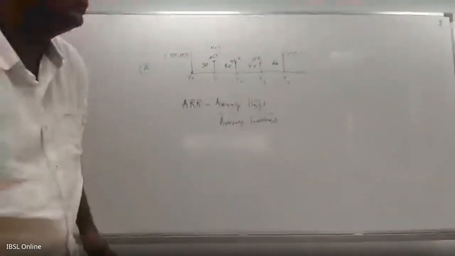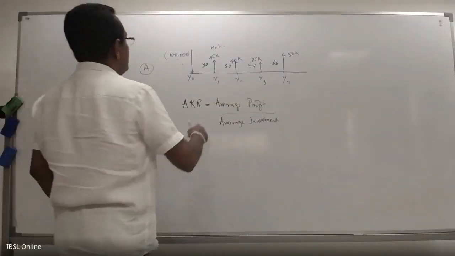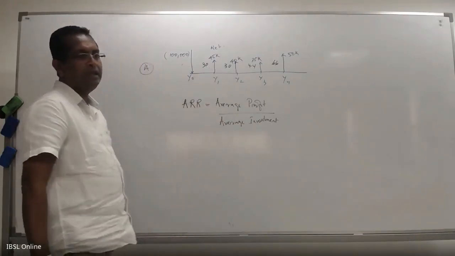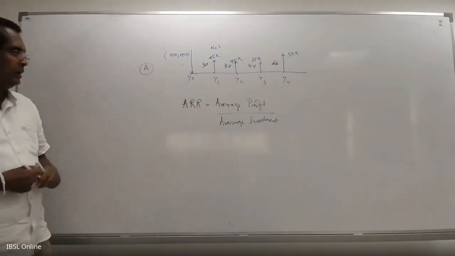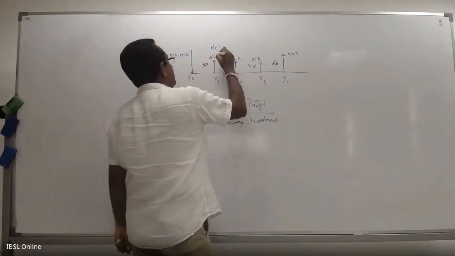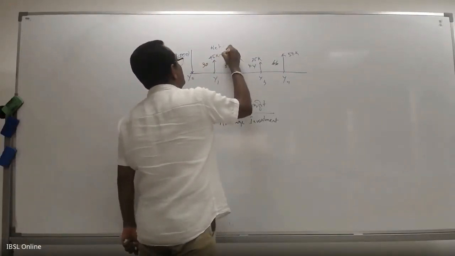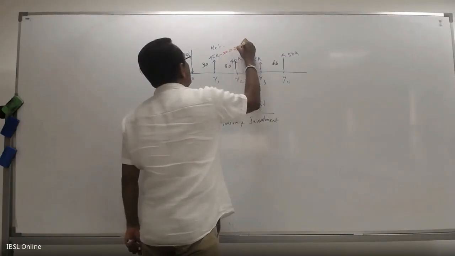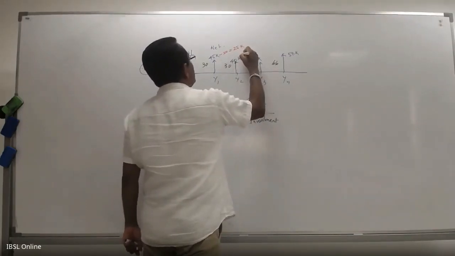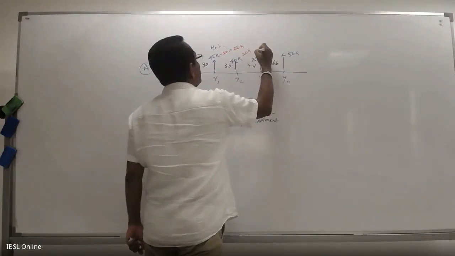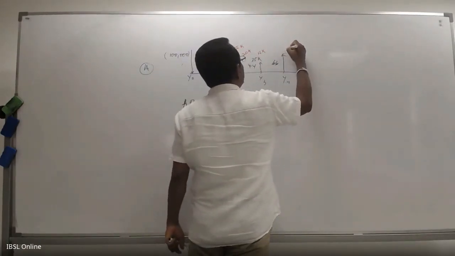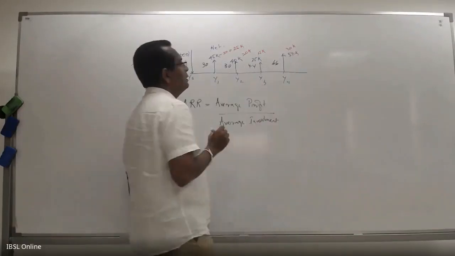So we consider project A, which is in blue, and project B, which is in black. So profit here would be 25K, this is 20K, 15K, this is 30K, right?